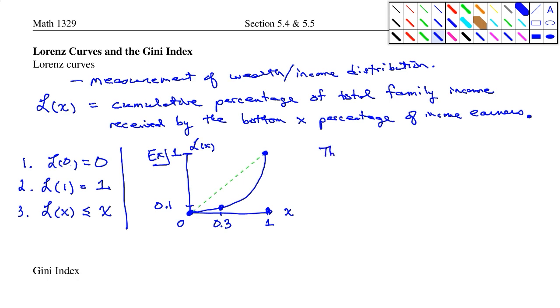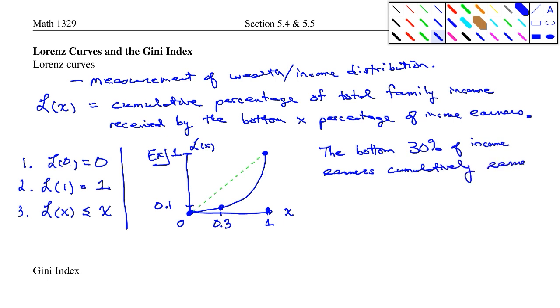Then that means the bottom 30% of income earners cumulatively earned only 10% of the total income. And that's your typical Lorenz curve.